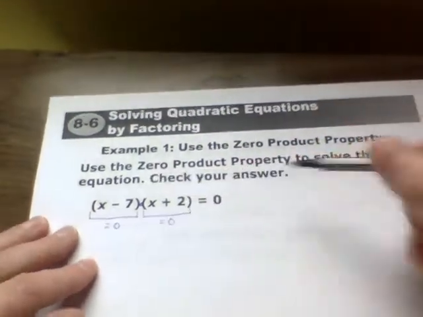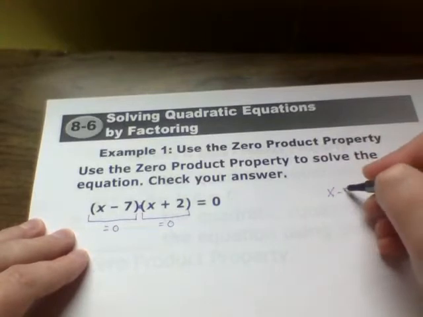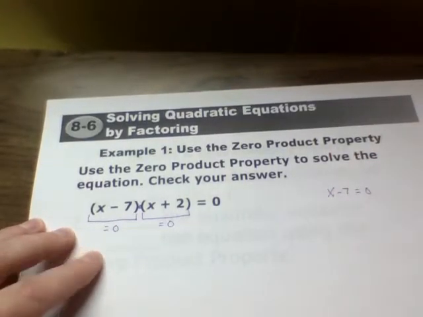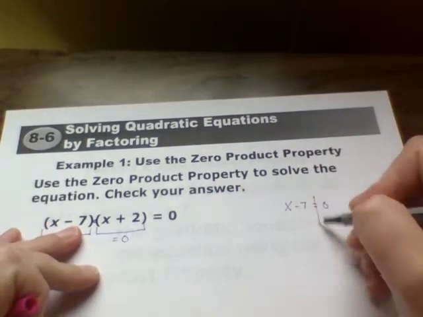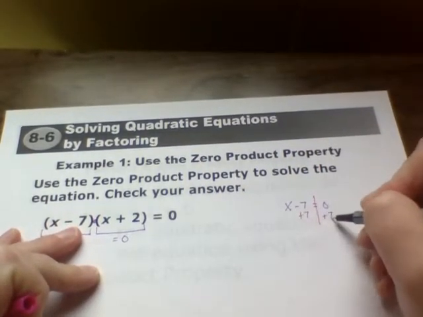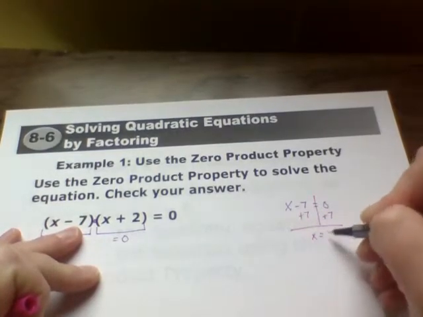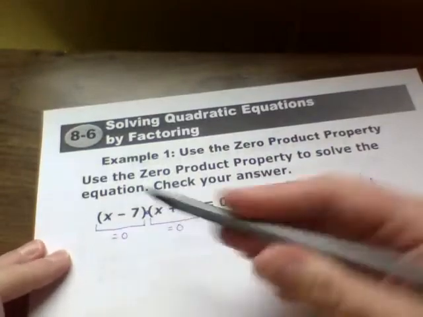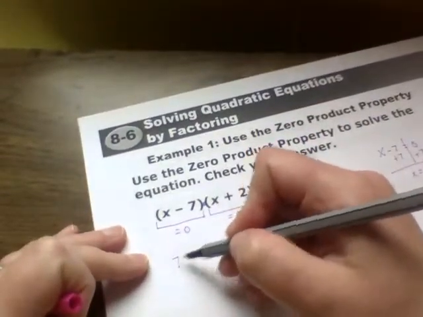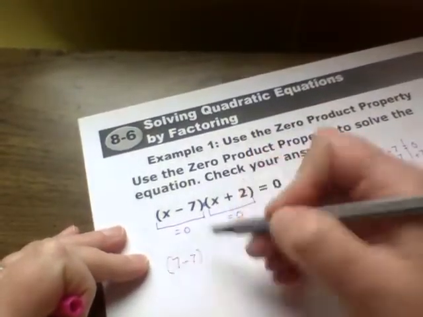So for instance, what I want to do is figure out when x minus 7 will equal 0. Going all the way back to our first chapter, we're just going to solve this to find out what x is. If we add 7 to both sides, we get an x of 7. That means if I plug in a 7 right here, I get 7 minus 7, which is 0.